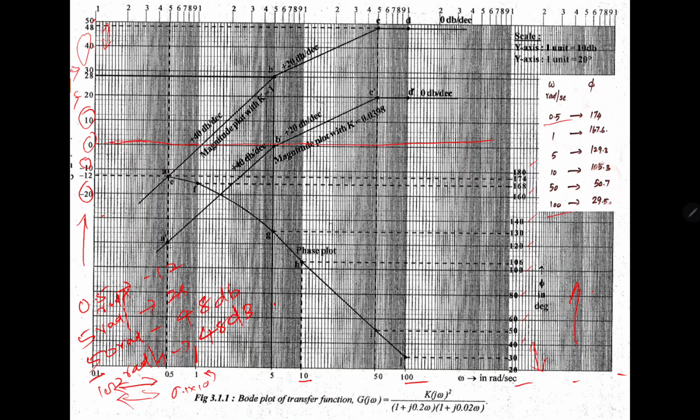In the section starting with 1, the points go 2, 3, 4, and so on. So we have to look at the graph exactly and mark the points. Now the first value is 0.5.